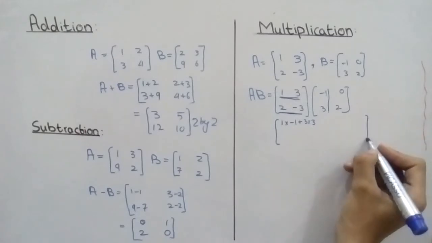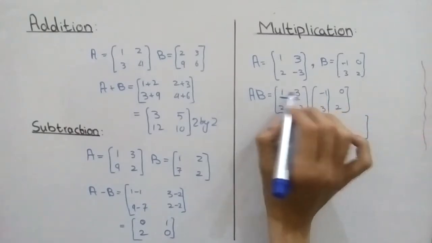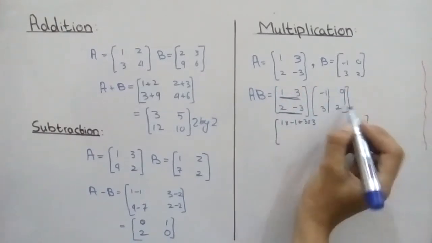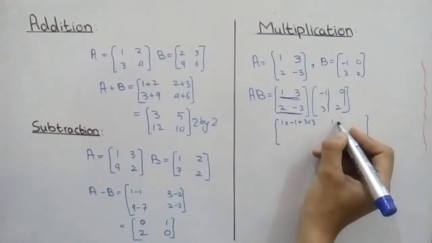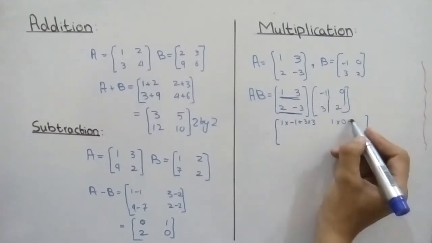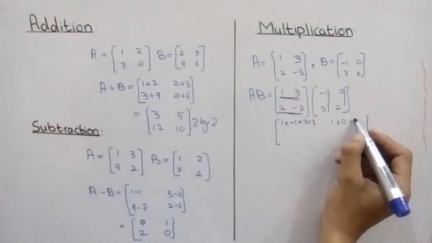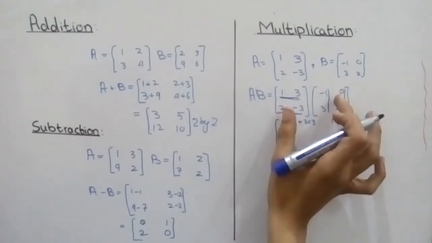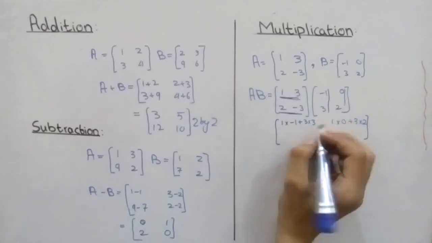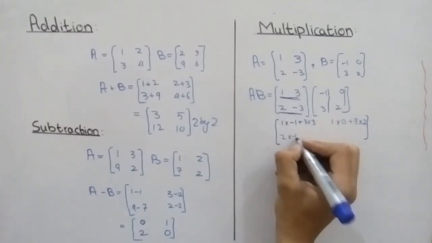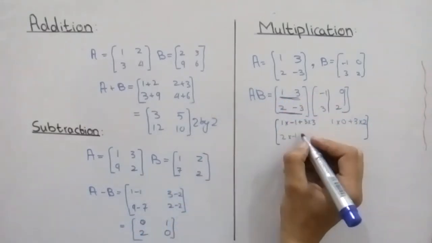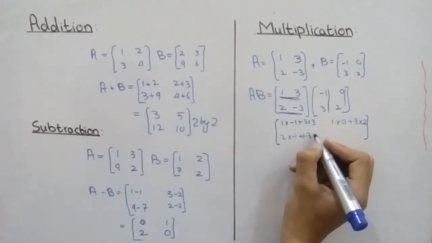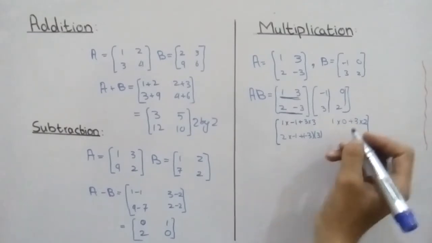We'll enlarge this bracket a little bit, and here we have multiplied that, and now this will be multiplied with this column: 1 multiplied by 0 plus 3 multiplied by 2. And here these two rows and columns are to be multiplied now. 2 multiplied by minus 1 plus minus 3 multiplied by 3.